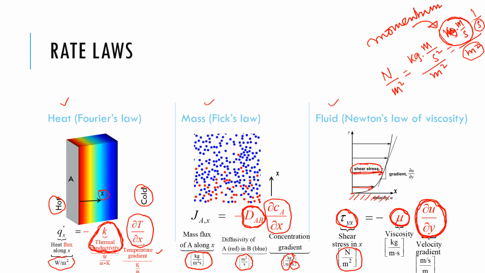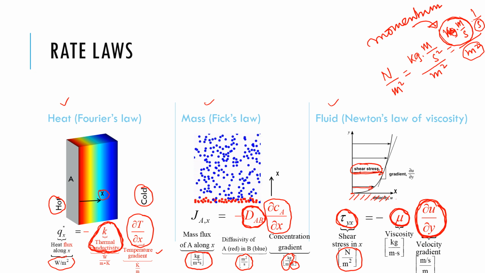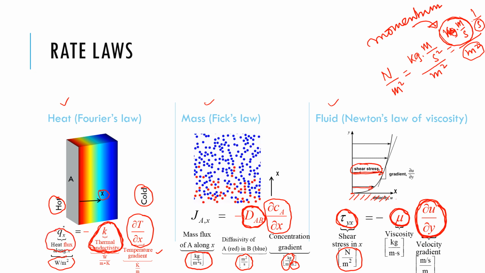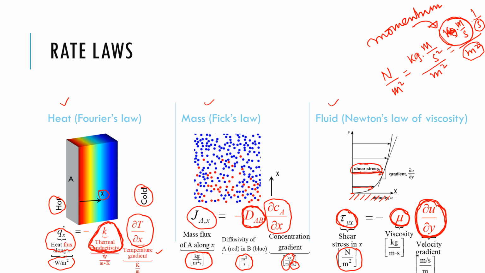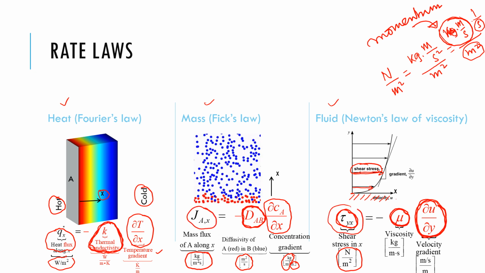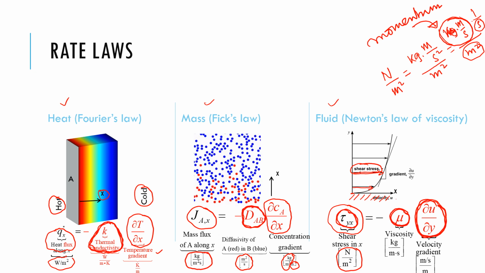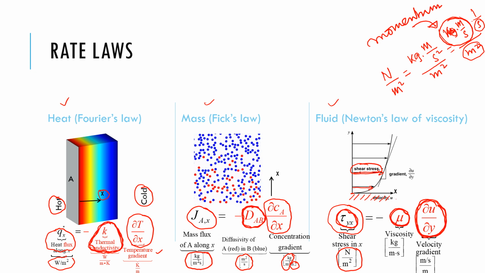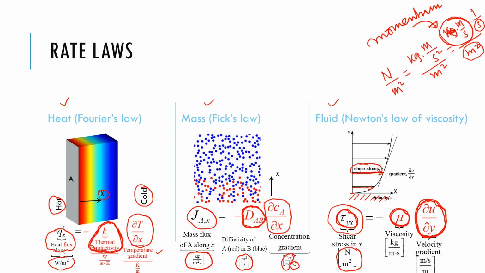So then we have rate laws that say at what rate heat is moving, at what rate mass is moving, and at what rate momentum is moving. And so these now, if I combine with the conservation law, now we can find how long it takes to do a certain thing.